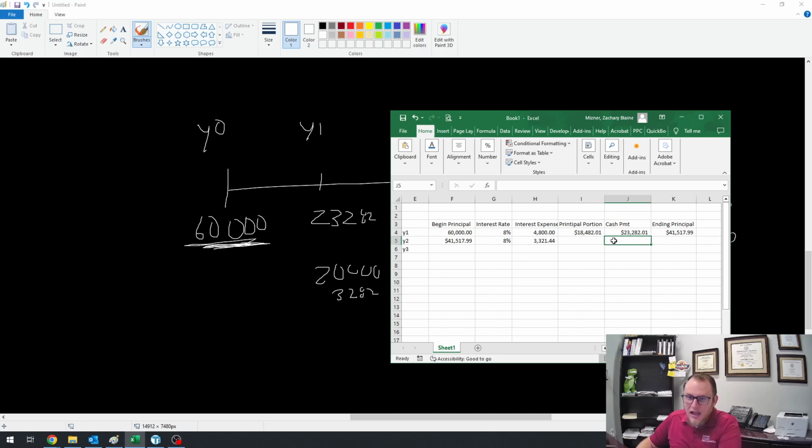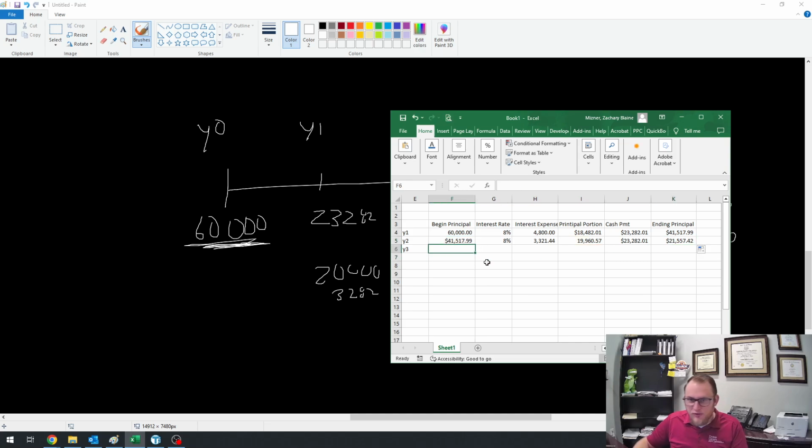So again, our cash payment is going to be the same. So if we take our total payment minus our calculated interest, that's how much principal payment is going to be in the second year payment. So I'm going to take this formula and do it again. So this here is going to be our beginning principal minus the current principal portion of our payment.